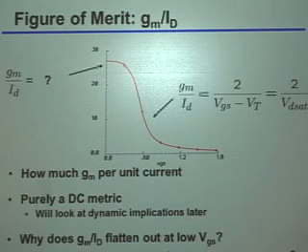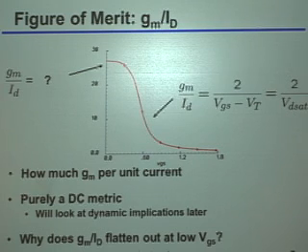Okay, so I already mentioned a few times that there was this direct link between how much bias current you have and how much transconductance you get. But really, there was this degree of freedom that you had, which was changing that overdrive, which could actually give you more transconductance for the same unit current.